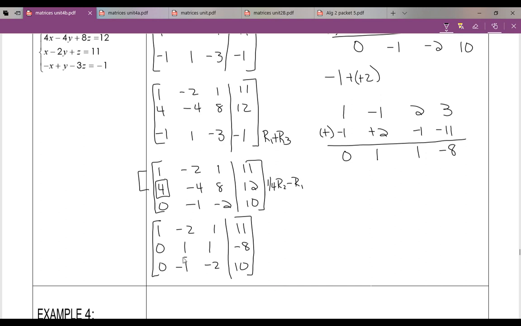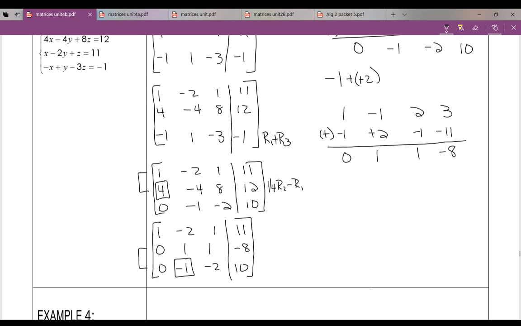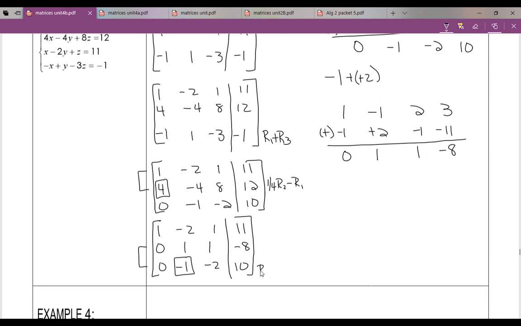Now, when you go after this 0, pair these two lines only. I can just simply add row 2 and row 3 together because 1 and negative 1 will produce that 0 right there. So 0, 1, 1, negative 8, and 0, negative 1, negative 2, and 10.